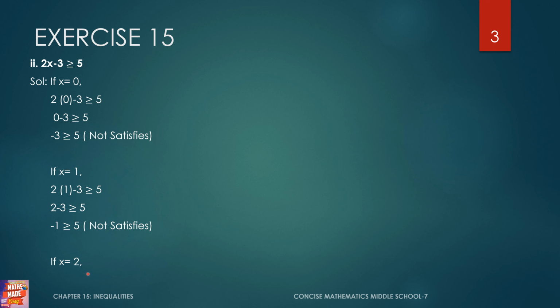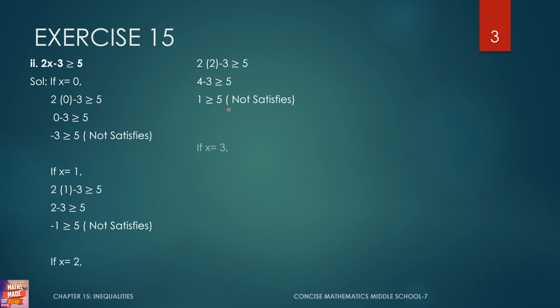If x is equal to 2, just substitute the value over here. 2 2's is 4 minus 3 is greater than or equal to 5. One is having plus, other is having minus. Just put the bigger number's sign and subtract. It will be 1 is greater than or equal to 5? Not satisfied. 1 is not greater than 5.